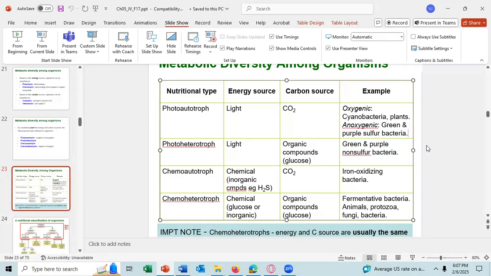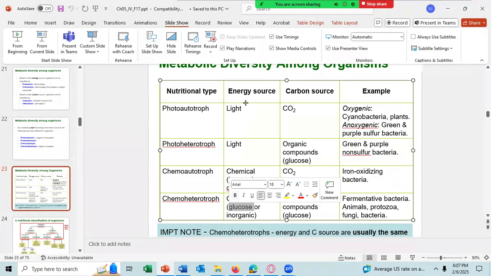All right, the next easiest group to classify are the chemoheterotrophs, and that's because people are chemoheterotrophs. We get our energy needs from a chemical, which is largely glucose or some other food product.